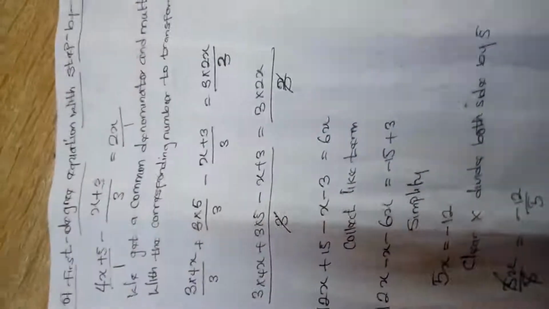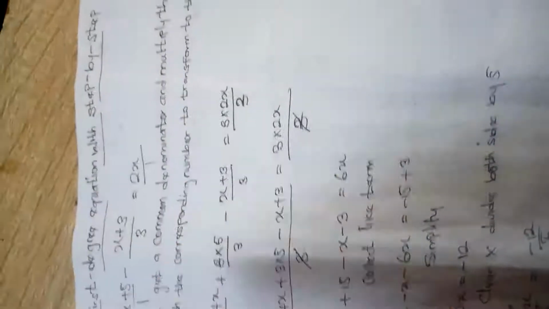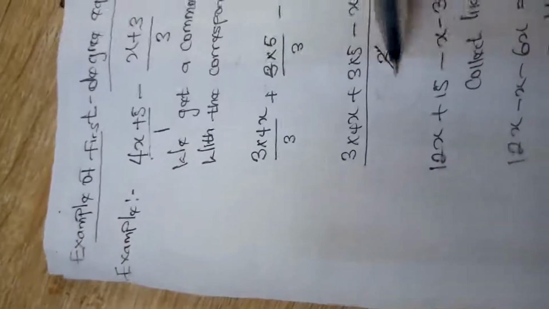Now we have the common denominator, which is 3. If you're wondering why there's a 3 here and here but not here, look at what happened when you find your LCM.